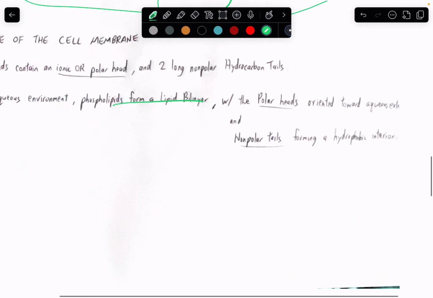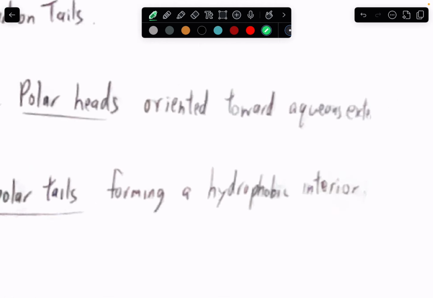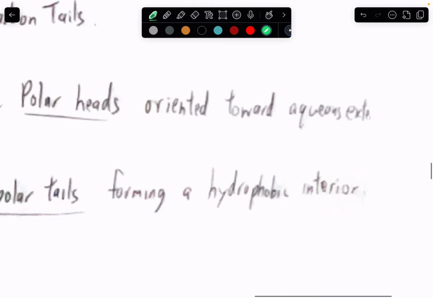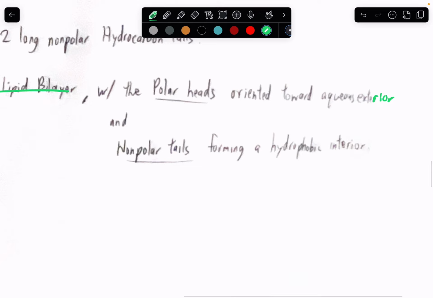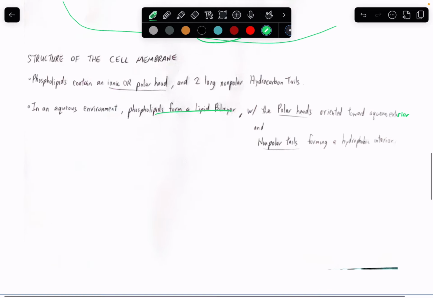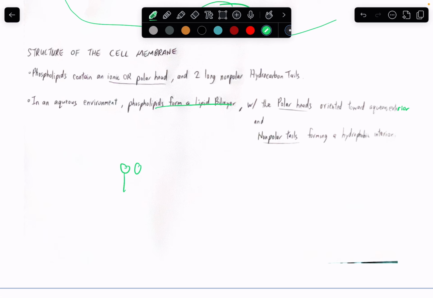So, polar heads oriented towards the aqueous exterior. Non-polar tails forming a hydrophobic interior. Do you remember this? So, ito yung heads.